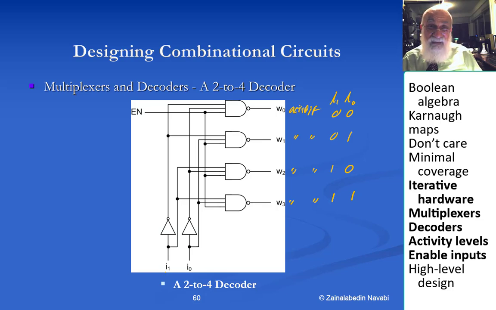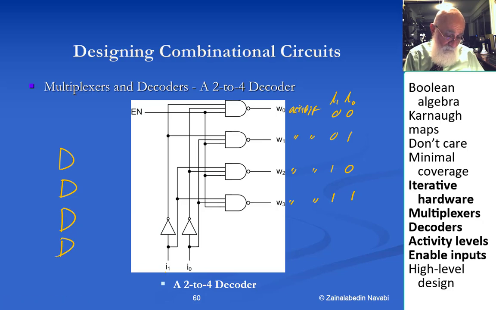Why did I say active and then I first said 1, then I changed it to active? Well, if I were to build this decoder and I wanted the outputs to be 1, this is how I would have to go about it. 4 AND gates, and then same logic here.